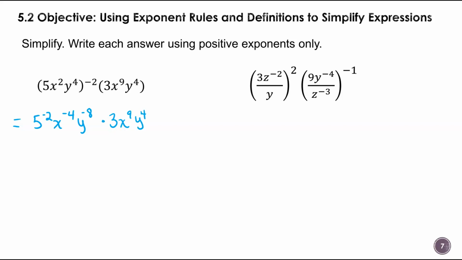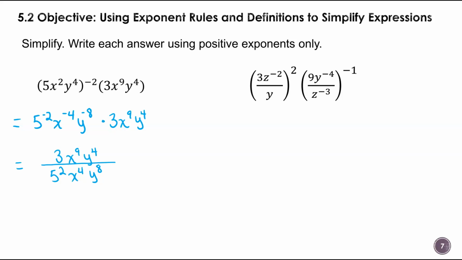So I just went ahead and removed those parentheses. Now, from here, what should I do? Well, I'm going to first take care of my negative exponents. So in the denominator, I will have 5 squared, x to the 4th, and y to the 8th. And then in my numerator, I'm going to have 3 x to the 9th, y to the 4th.